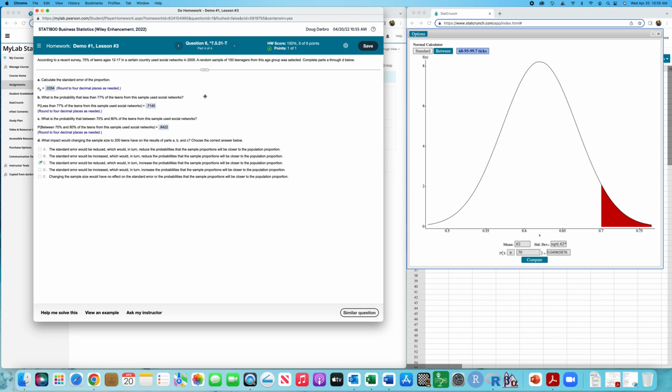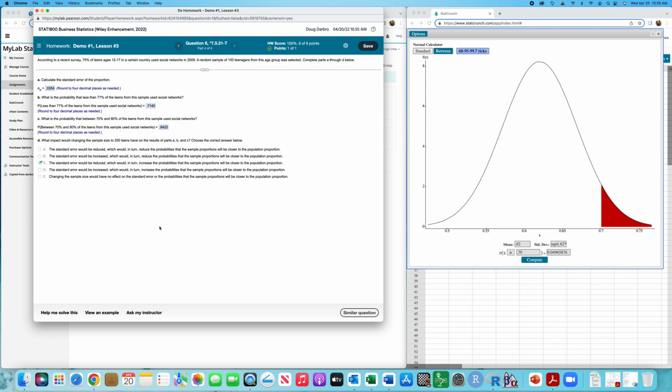All right, final question, multiple parts. According to a survey, 75% of teens way back in 2009 in a certain country used social networks. A random sample of 150 teenagers was selected.